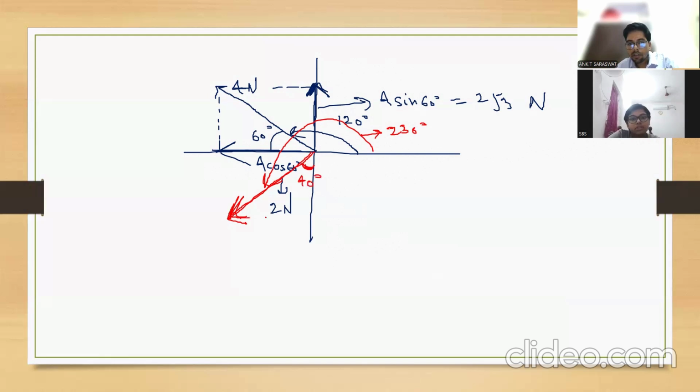Then take the component like this with respect to it. Clear? You have taken 40 degree, no problem. This is 4 Newton. Then on y-axis it will be 4 cos 40, and on x-axis 4 sin 40.